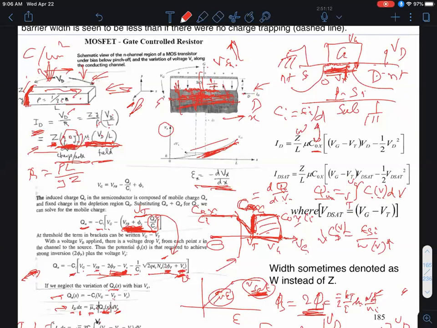So if that's the case, then if I've applied a gate voltage of Vg, and I want to figure out how many inversion charges I have per unit area, you make use of the fact that the capacitance C is defined as, in this case, not just charge over voltage, but dQ over dV. And obviously, you can then invert that, you can integrate.